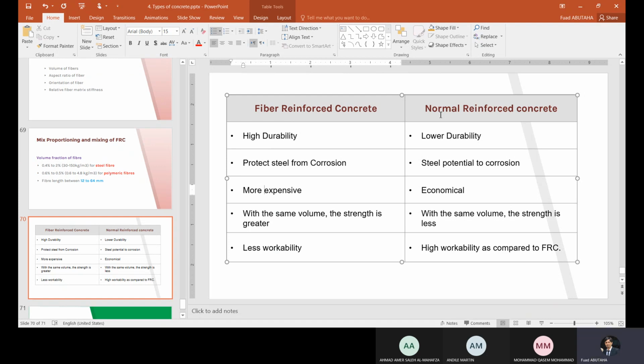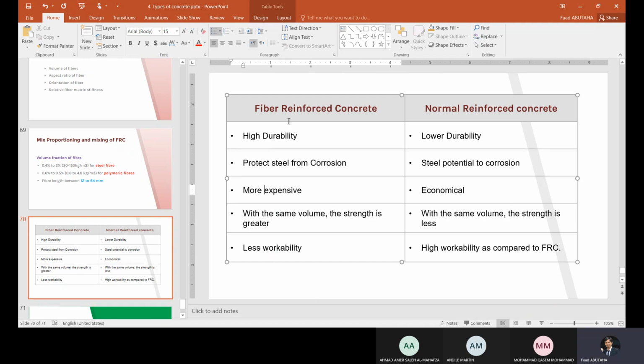As a result of the addition of these fibers, especially steel fibers, you need to pay the extra cost of the steel fibers. Also, we know that steel fibers reduce the workability, so I need to use superplasticizer, the chemical admixtures, in order to re-improve the workability of the concrete. And this will be more expensive compared to normal concrete.